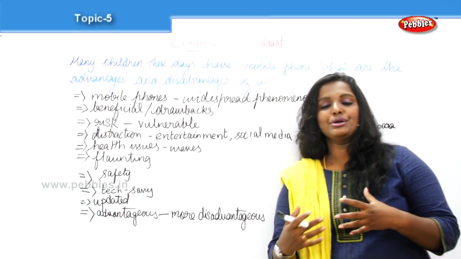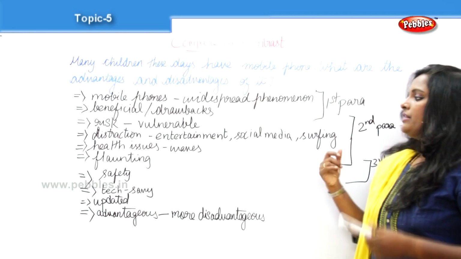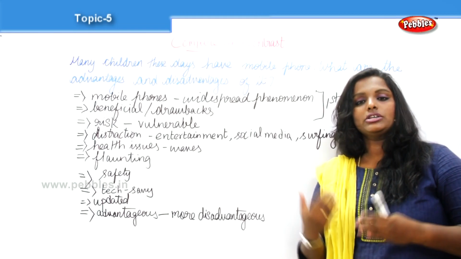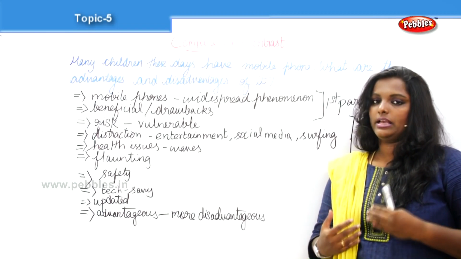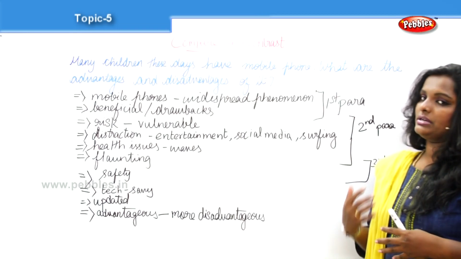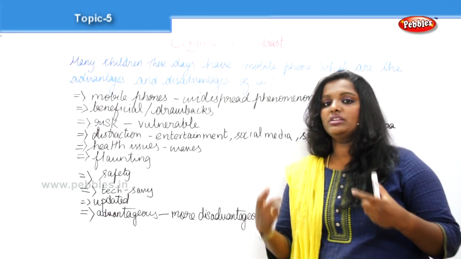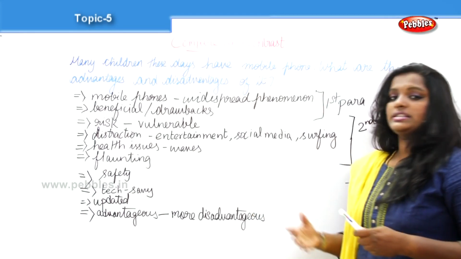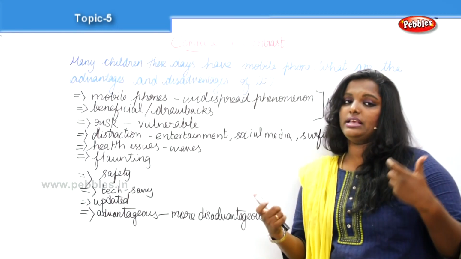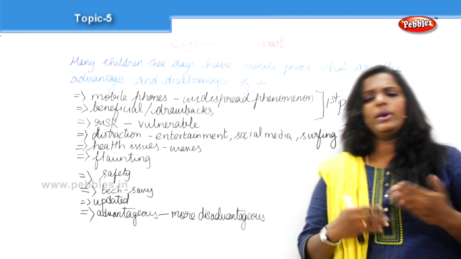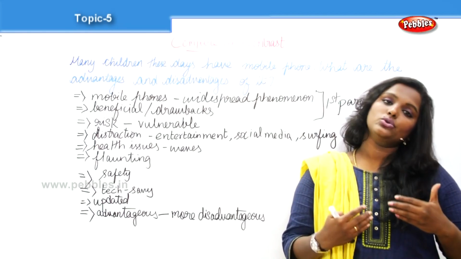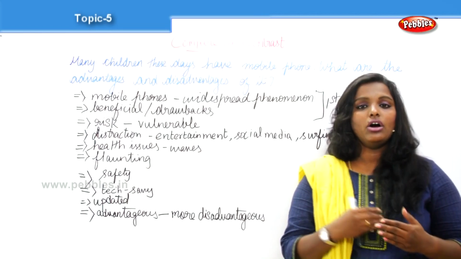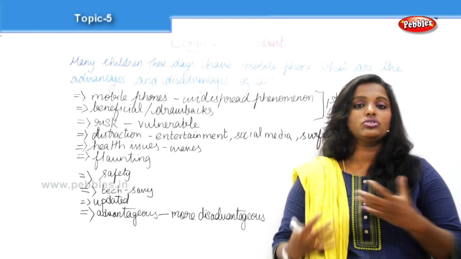Health issues: the waves and radiations that cell phones carry are harmful for both kids and adults, but it works on a higher range when it comes to kids. It is more intense because they are so tender and vulnerable. Moving on to the third paragraph, talking about safety. Yes, it is very important to have a cell phone in hand. These are the advantages because when we are away and we need to know the well-being of a child, any emergency, any trouble, we can contact immediately.